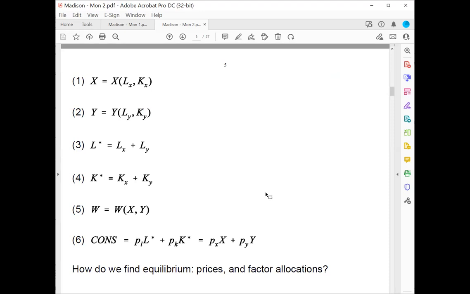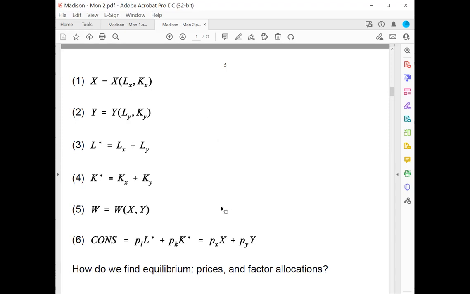I just said that was going to be I for income. It's the same here as CONS, sorry about that, which says that expenditure on goods is paid for by factor income from the consumer.